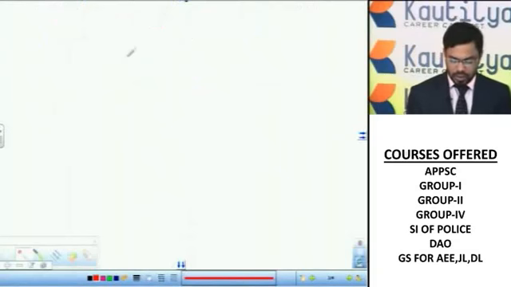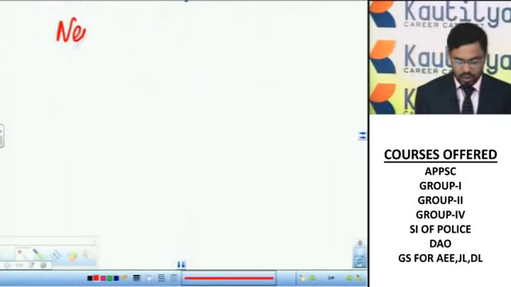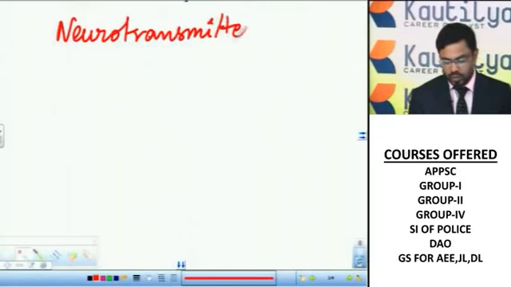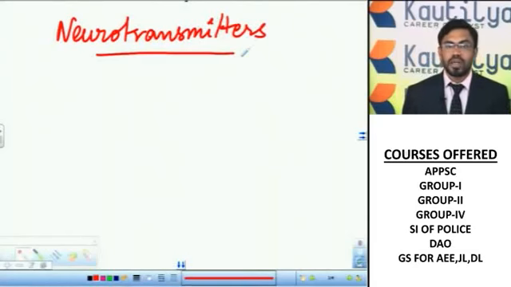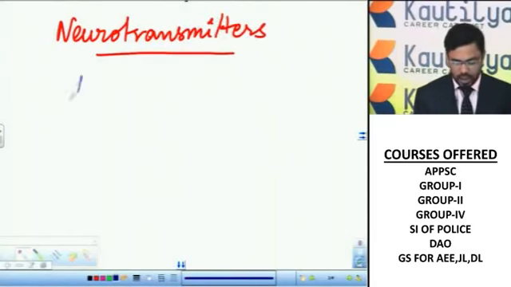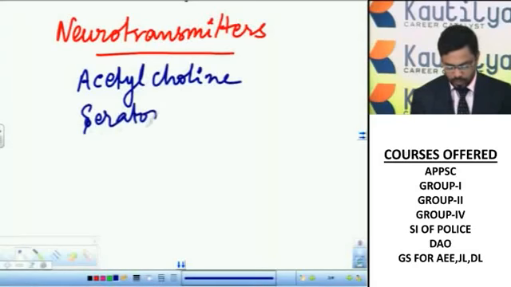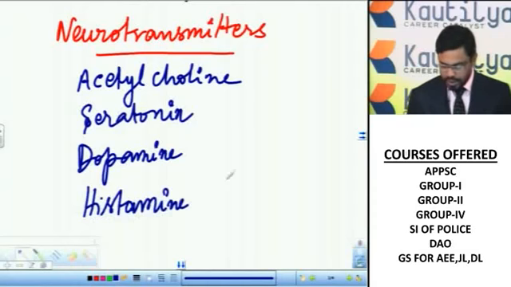At the tip of the neuron, some chemicals are released. These chemicals are called neurotransmitters. These neurotransmitters are useful for better conduction of the nerve impulse. Some examples of these neurotransmitters are acetylcholine, serotonin, dopamine, histamine and GABA.